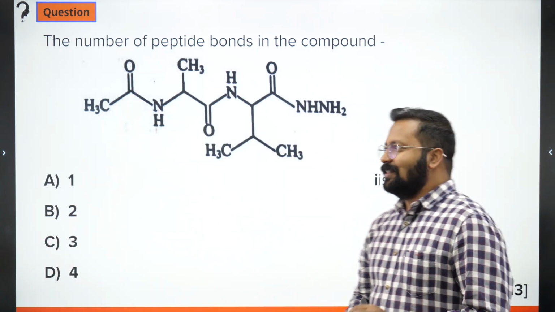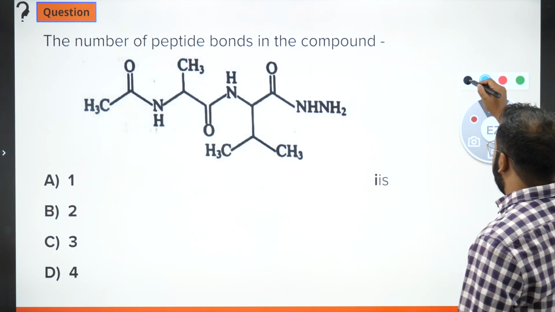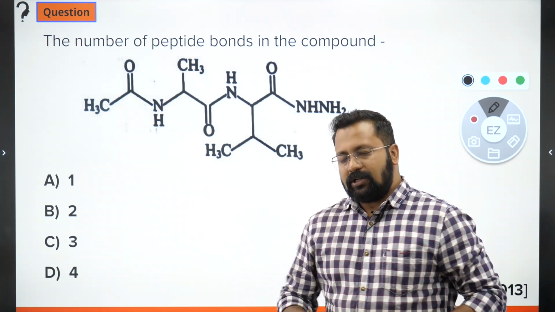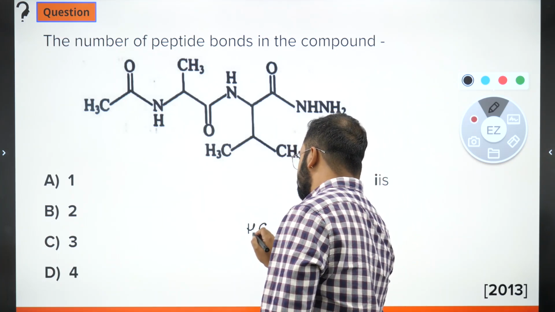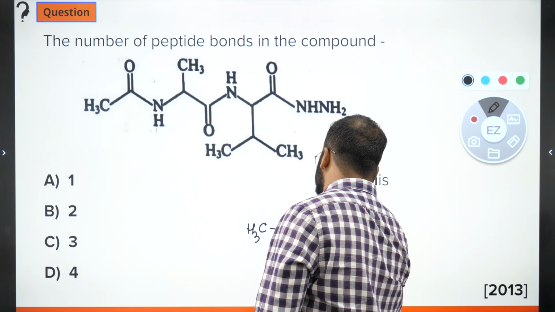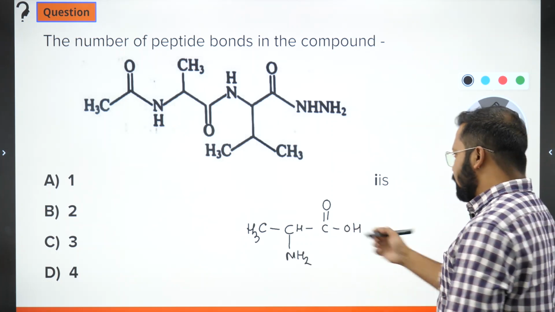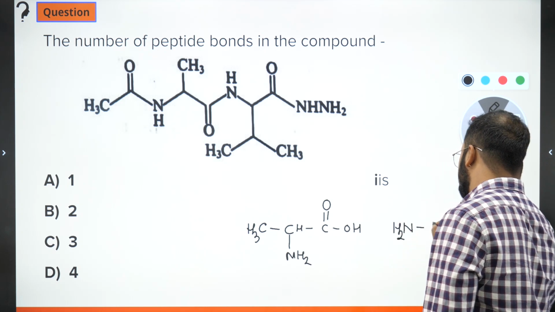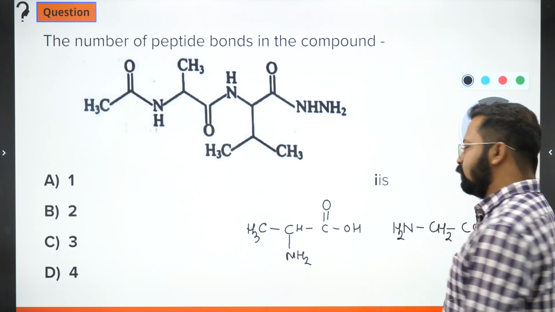Next question is this: the number of peptide bonds in this molecule is. This question, when it was given, a lot of people had made mistakes. Peptide bonds are formed between two amino acids. Let's say I take an amino acid like this, CH3, C, NH2, CH, C double bond O, OH. It combines with another amino acid, okay?